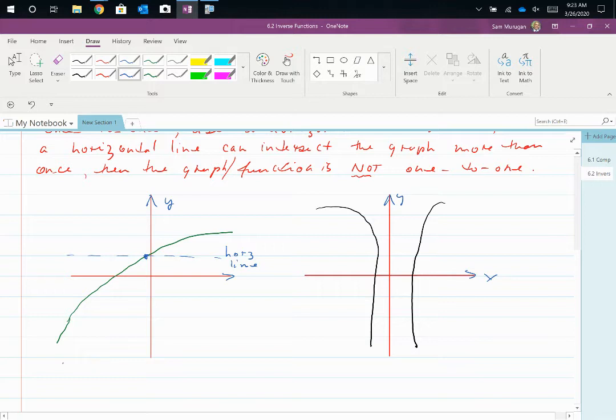So this passes the definition, and it is 1 to 1. Now, if we did the same on this graph, we can see that it intersects more than once, so not 1 to 1.